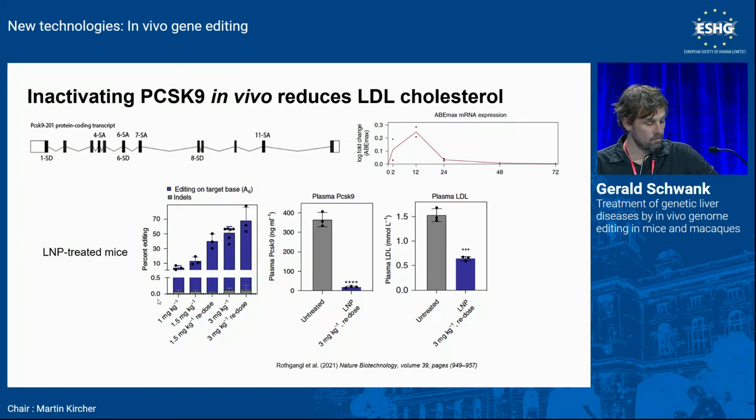Then, injected into mice, we got about 60% editing in the liver. Here it's also important to mention this is whole liver. If we isolate hepatocytes and only analyze hepatocytes, we are at a range of above 90% editing. Now, as expected, this really led to a significant decrease of plasma PCSK9 and also of plasma LDL levels.